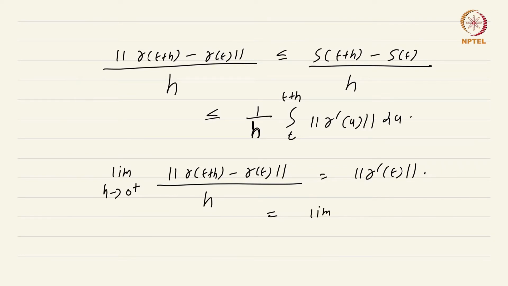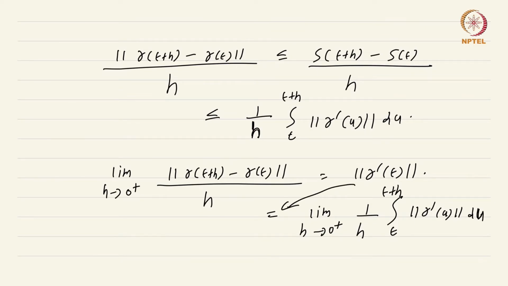This is nothing but the limit as h goes to 0 plus of 1 by h times the integral from t to t plus h of norm gamma prime of u du. This equality is the fundamental theorem of calculus. So check that.